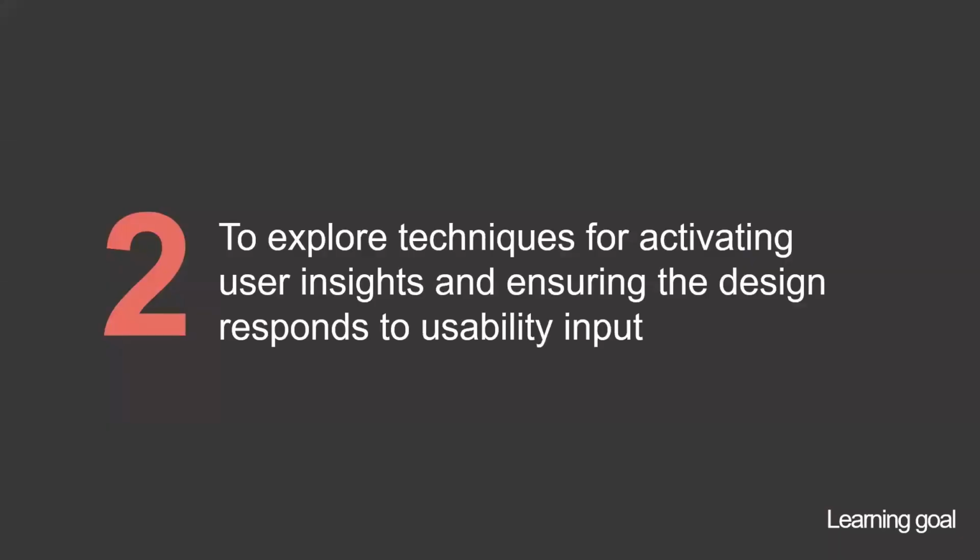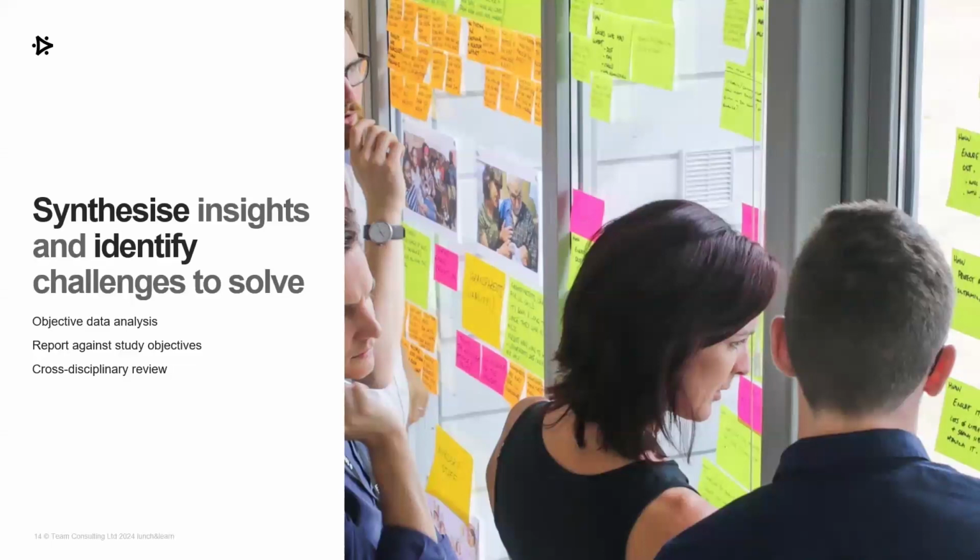Okay, so we've now identified user insights, and it's time to actually activate them. This is when we ensure the design responds to the usability input, and the overall program actually benefits from the usability activities that we run. So needless to say, the data analysis and reporting needs to be impartial and shouldn't be influenced by any other factors on the program, such as whether an identified risk would impact project timelines.